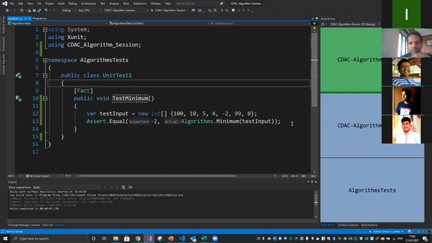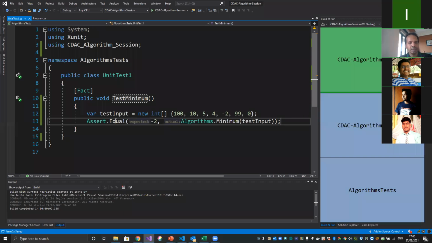Sorry, I completely skipped over that. Thanks for reminding. So assert means you should verify that these two things are equal. When I say assert.equal -2, this is my expected output from what I'm going to do here.